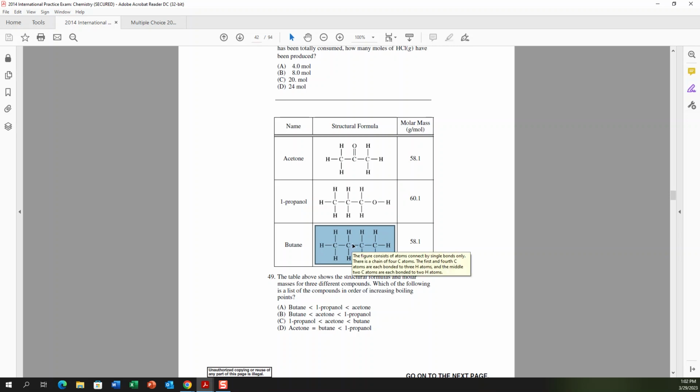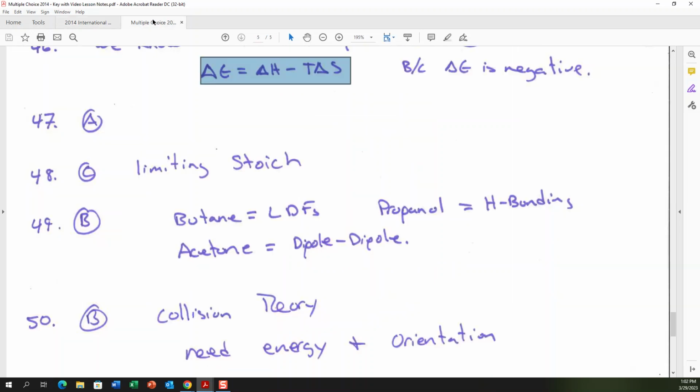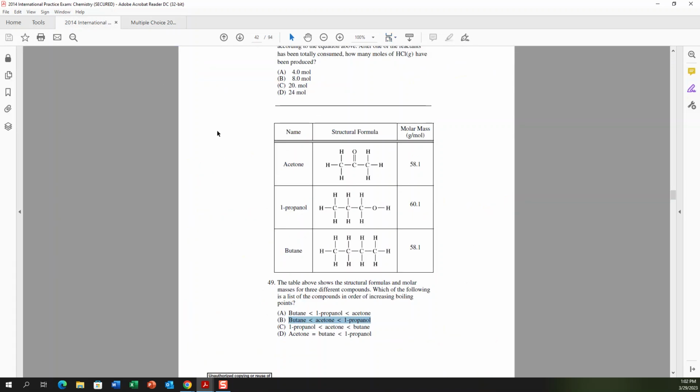So if we're ranking in terms of IMFs, this only has London dispersion, this has dipole-dipole, but this has hydrogen bonding. So we would expect the propanol to have the highest boiling point and the butane to have the lowest boiling point. So that would be choice B. Butane has the lowest boiling point of the 3, and propanol has the highest. Okay, all about IMFs there for 49.